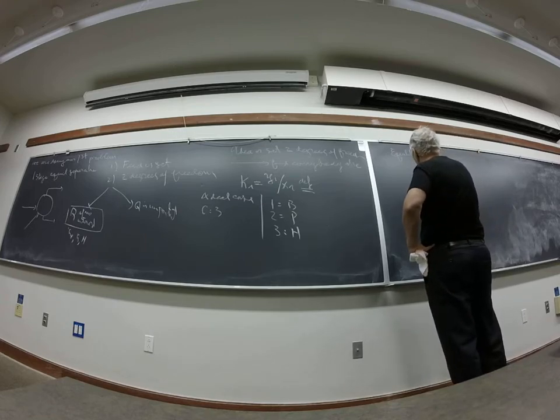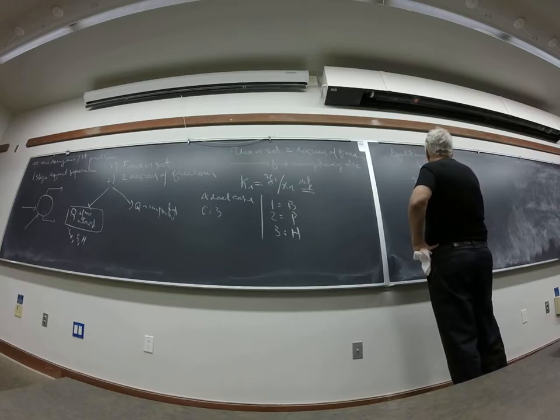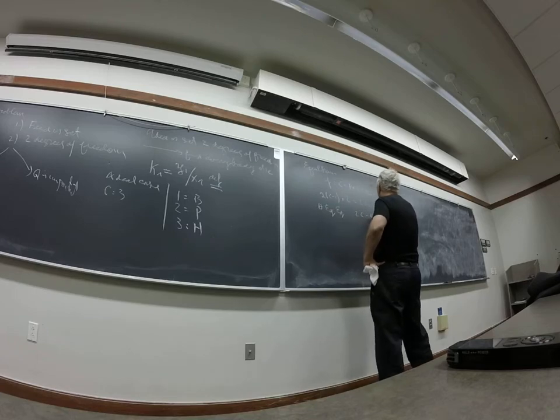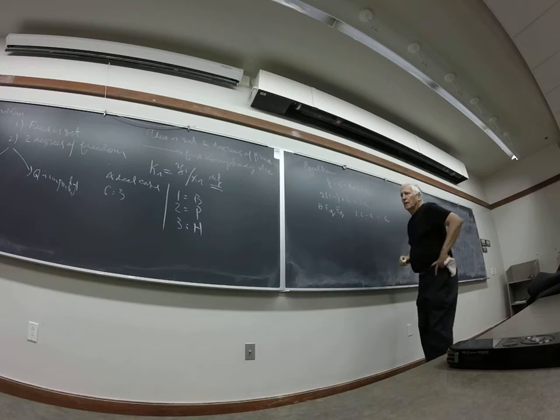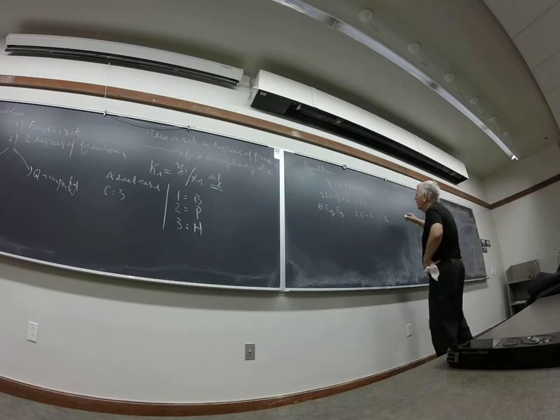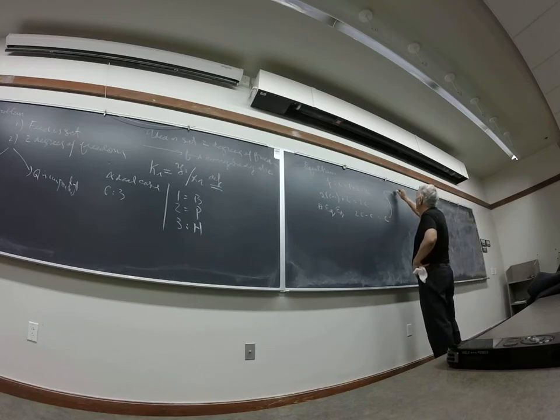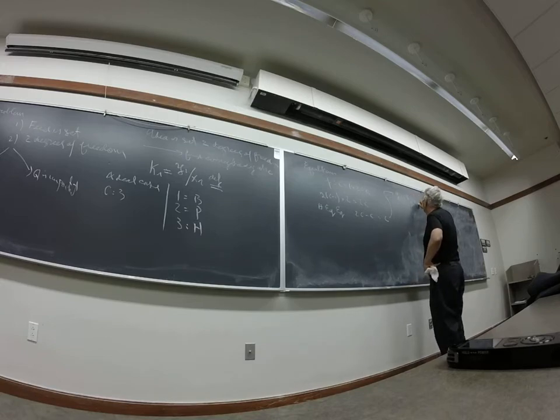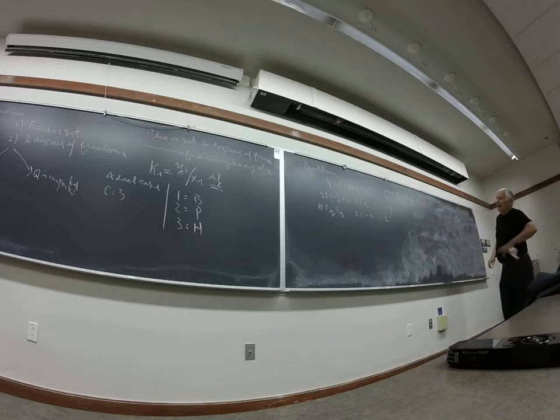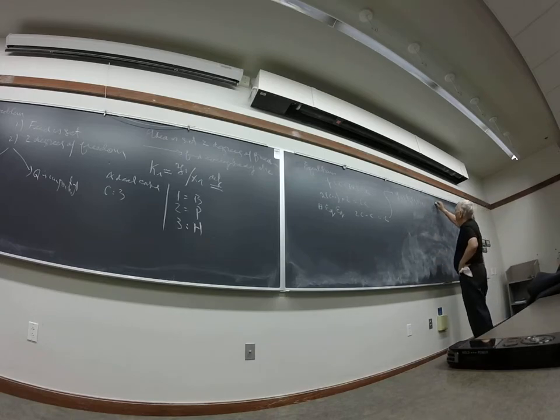F is C, so the number of equilibrium equations is 2C minus C, which is C. So in this case, here's what our C equations look like. Yi equals Ki of T and P times Xi. And the Ki of T and P are given, and they're given like this.